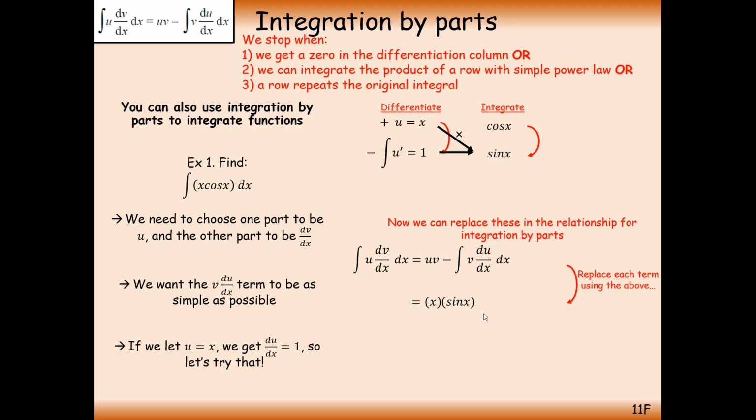Subtract the value of the integral of sine here. So if you remember what we discussed in the differentiation chapter, the derivative of sine is cos, the derivative of cos is minus sine, the derivative of minus sine is minus cos, and all these have x's in front of them.